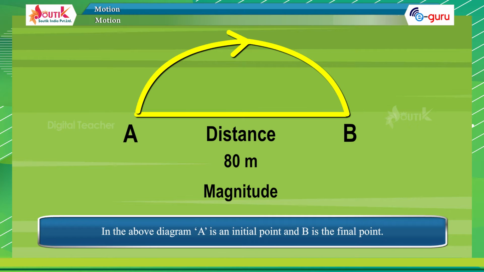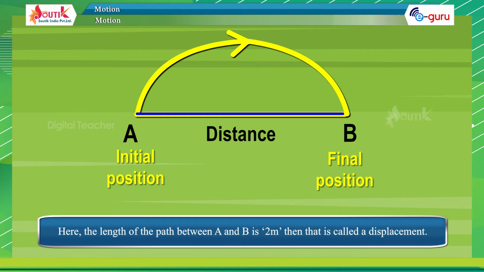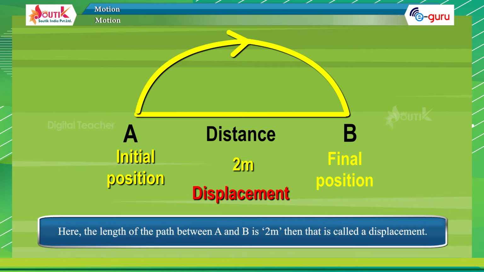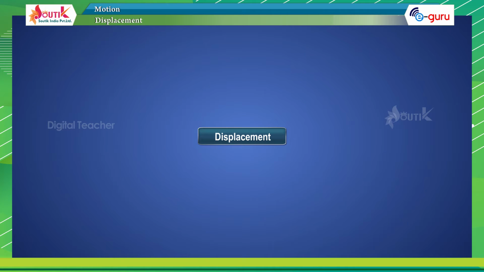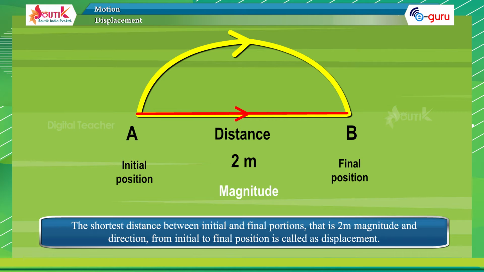In the above diagram, A is an initial point and B is the final point. Here, the length of the path between A and B is 2 meters, and that is called displacement. Displacement: the shortest distance between initial and final positions, that is 2 meters magnitude and direction from the initial to the final position, is called displacement.